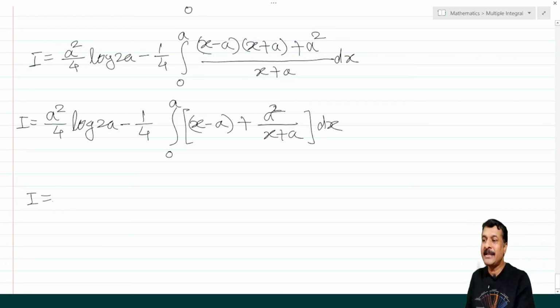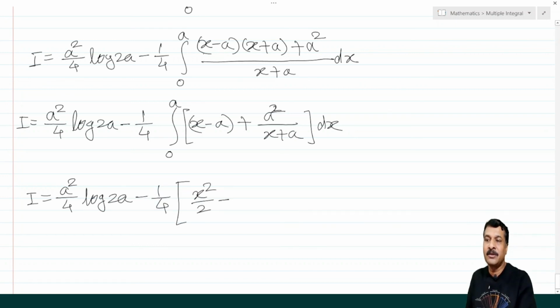So I am getting I equal to a square by 4 log of 2a minus 1 by 4. What is the integration? It is x square by 2 minus ax plus a square constant and integration of 1 upon x plus a. It is a log of x plus a. Lower limit 0, upper limit a.